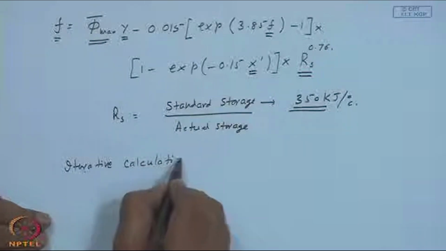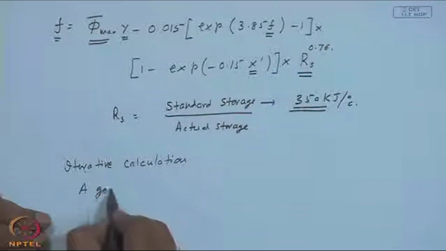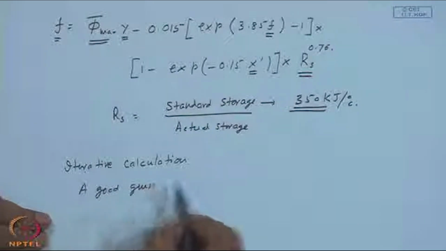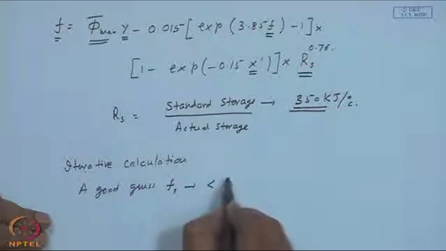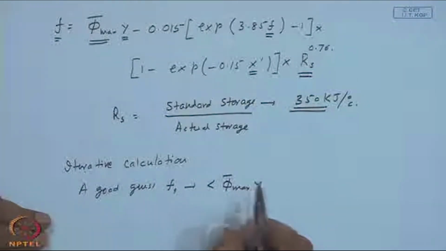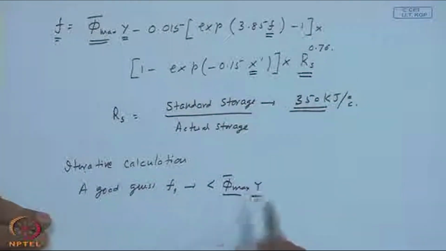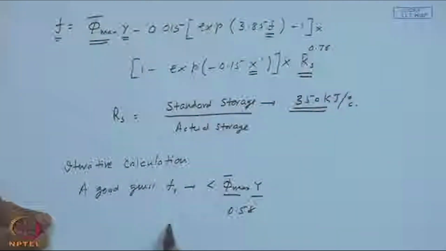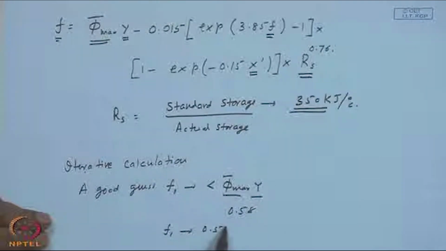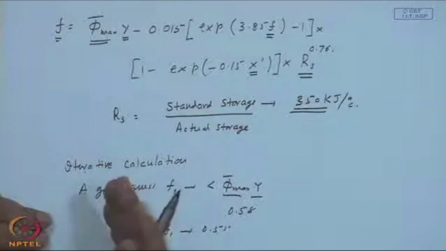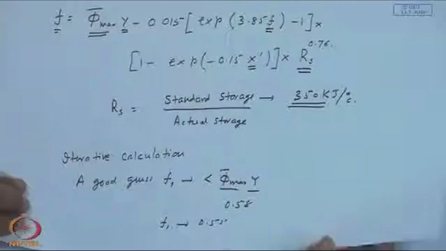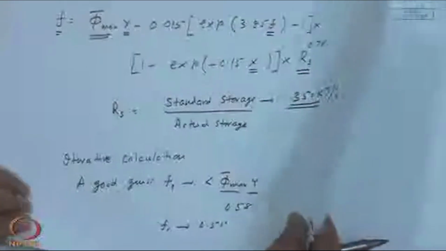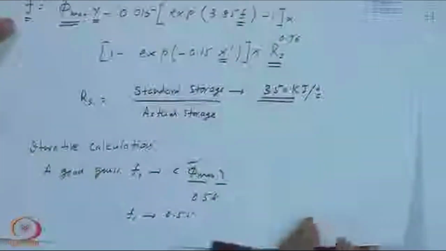A good guess first is slightly less than phi bar max y. This is a calculable quantity. So, you know phi bar max, let us say it is 0.58, then I may guess F1 as 0.55. Then you can set up a Newton-Raphson scheme or whatever, and you can easily iterate in this relation to find the actual solar load fraction met.